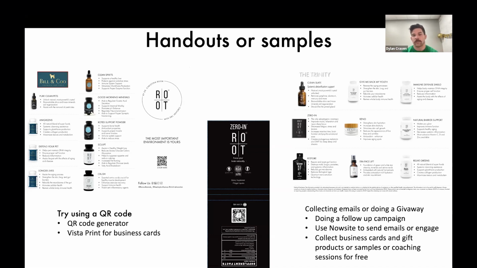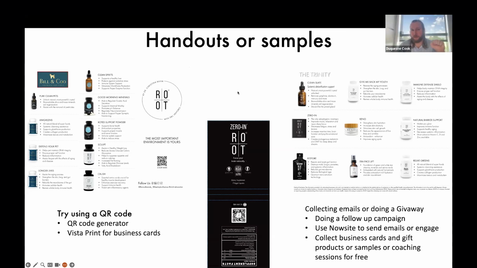And what we did was have them write down their information or put a business card into a fishbowl. And we just said, hey, whoever wins this will get a Trinity pack or a Clean Spirits pack. And at the end of the night, we did a drawing. But what that did was it drew up questions for them to ask: what are these products? What are we going to win? So you're already communicating with these people about that. And now you have their email when they're already used to your products.